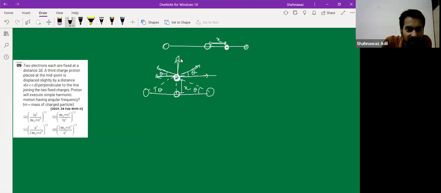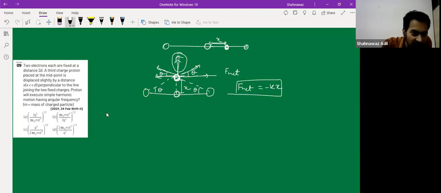And then you calculate what F is, and then you try to prove that this F net is minus kx, right? And then you calculate the angle. So this is a similar question, only you have to see which component survives, and then you add that component, okay? So this is x distance and this is d distance, right?